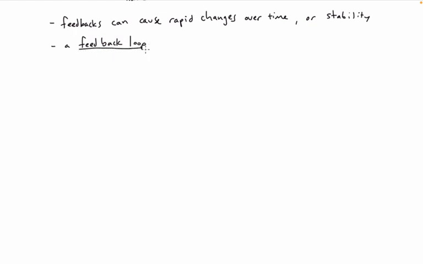So a feedback loop is what we call a closed chain of causal connections involving a stock.